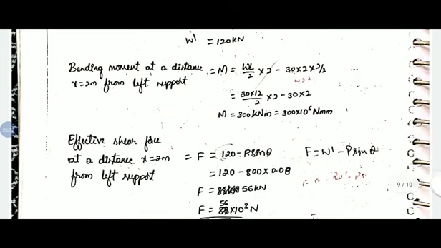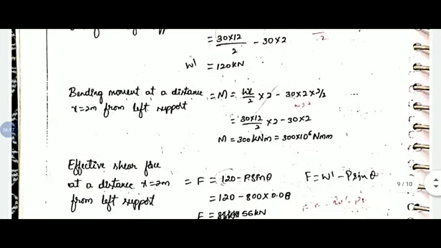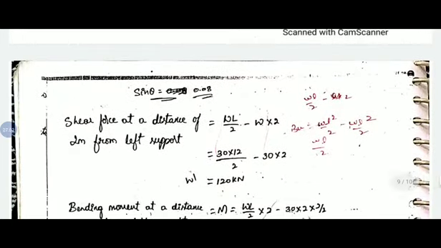Then effective shear force F equals 120 minus P sin theta. Here 120 is the shear force at that particular section we need to consider. In the previous problem we directly considered WL by 2 minus P sin theta because we were calculating exactly at the support.